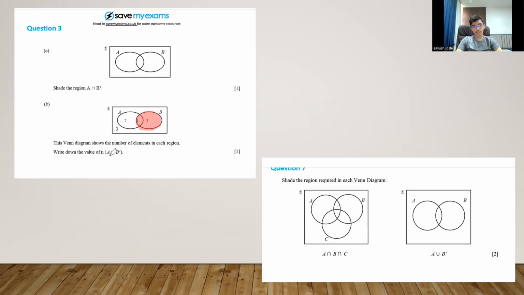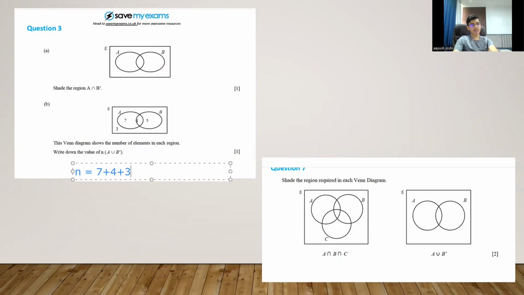But here they are saying A union, which means this entire portion of A along with the part which is overlapping, so 7, this 4, and then we have the complement as well, so 7 plus 4 plus 3 is going to be your answer. So the answer for this is that n is equal to 7 plus 4 plus 3.